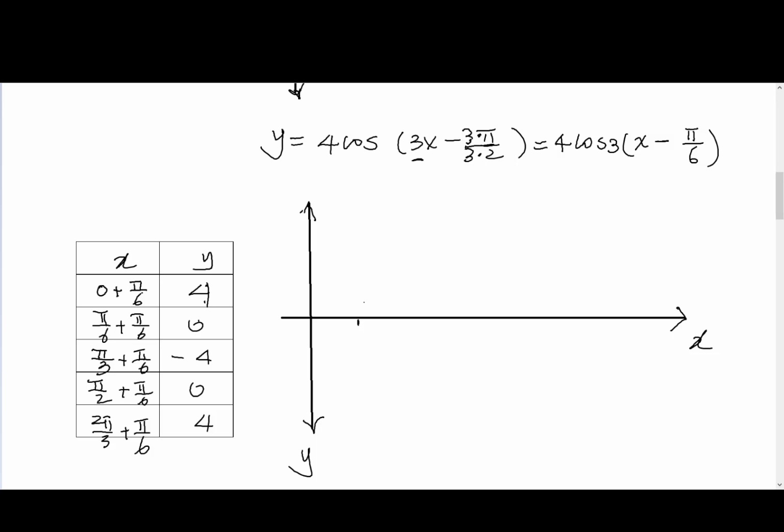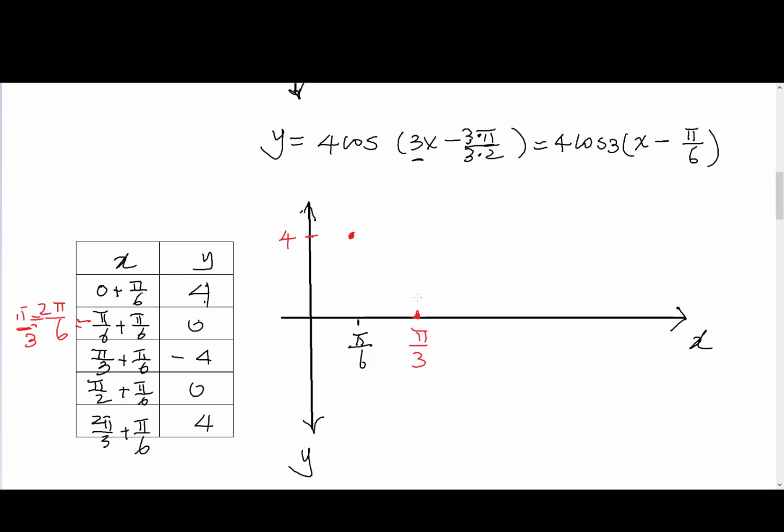So the first point will be pi over 6, and that will correspond to 4. And pi over 6 plus pi over 6, which is 2 pi over 6, which is pi over 3.